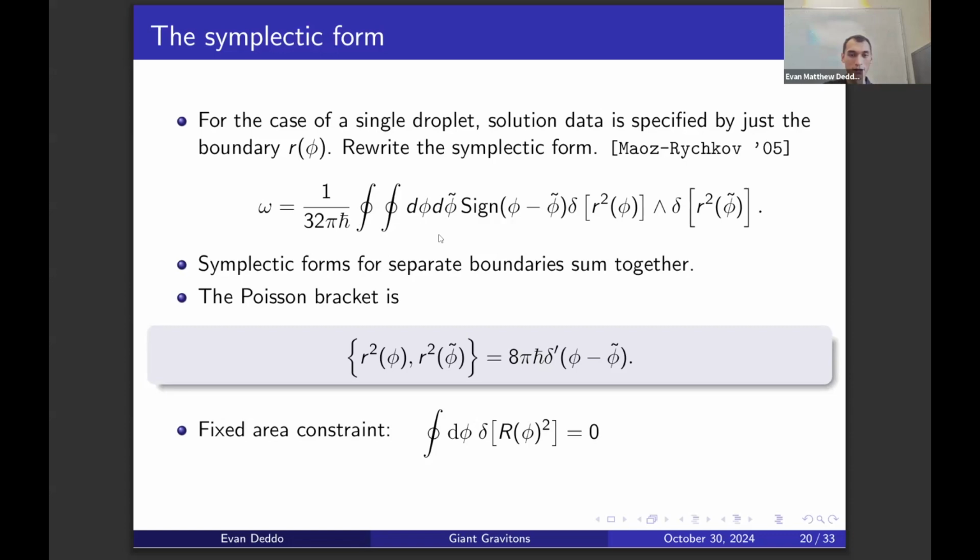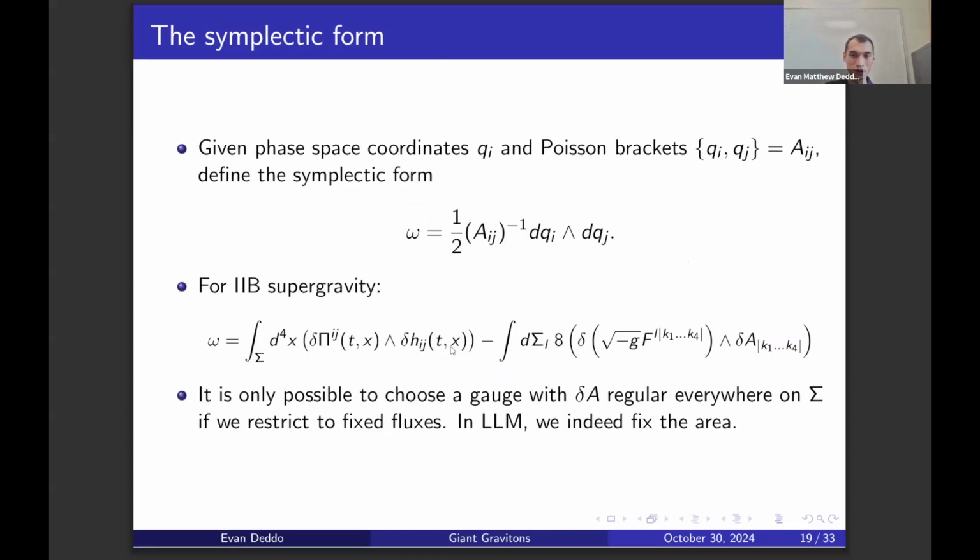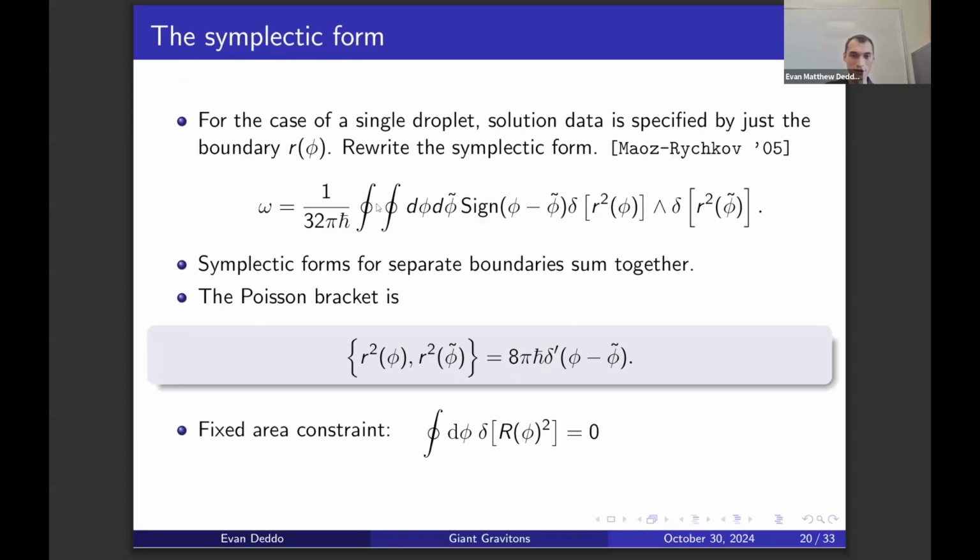We can generalize this to the case where we have some configuration that has multiple boundaries, like what was shown here. In this case, we have two different r's describing each boundary. But one could show that the symplectic forms for separate boundaries don't talk to each other, so we can find the full symplectic form just by summing these up for each individual boundary.